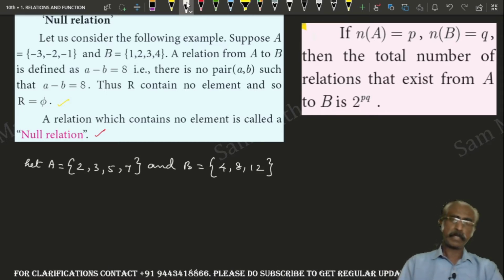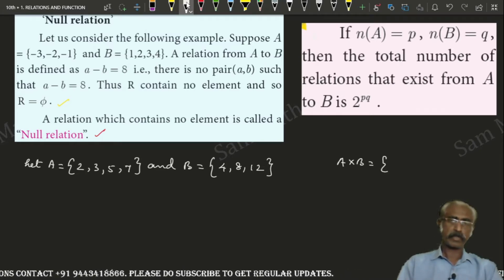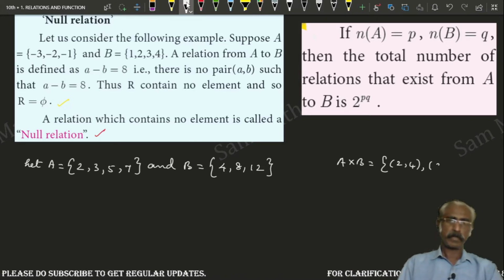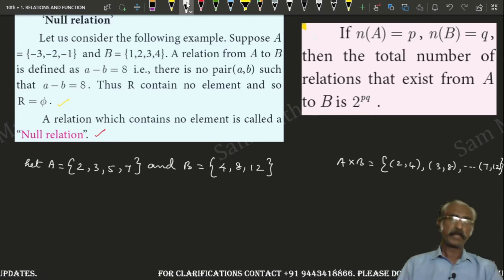You know how to write A cross B. Already we studied. A cross B, we can write. First element will be (2, 4). Then will be (3, 8) and so on. The last element will be (7, 12) in order. Okay, children?